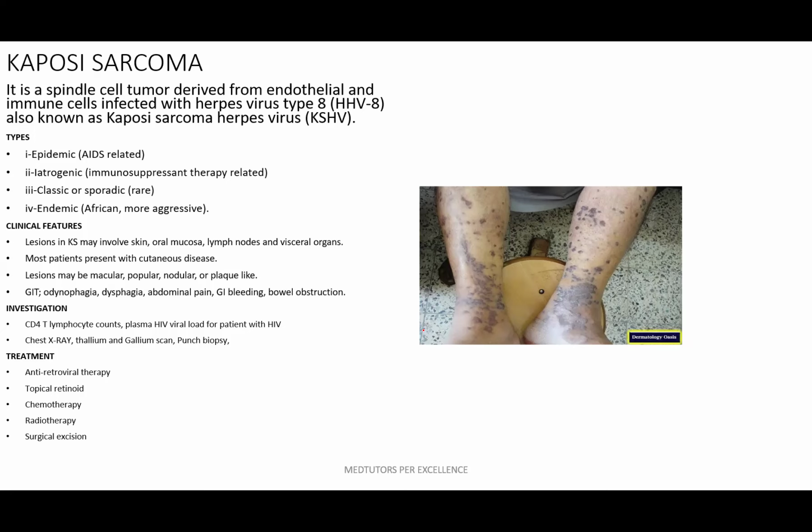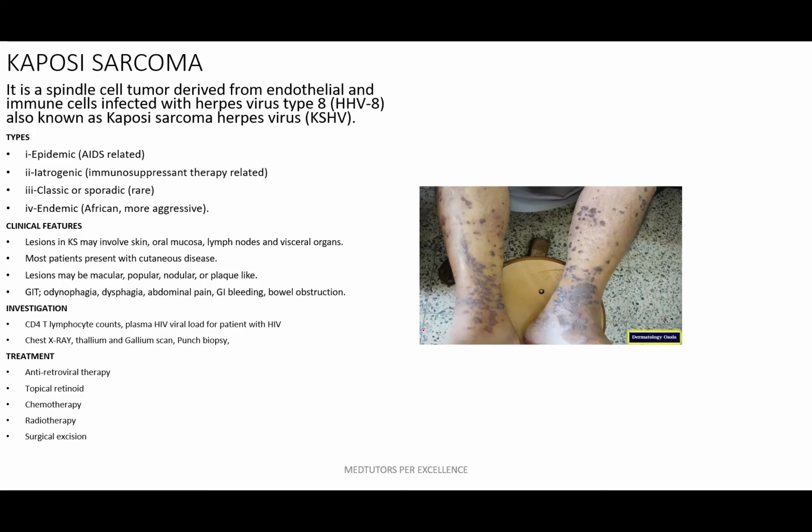The various types could be epidemic, that is AIDS-related Kaposi sarcoma; iatrogenic, from immunosuppressant therapy, patients that are on immunosuppressant drugs. Don't be surprised, intravenous drug abusers or steroid users can develop Kaposi sarcoma. They inflict it on themselves. Then classic or sporadic is rare. It could be epidemic in Africa, and these epidemic types are more aggressive.